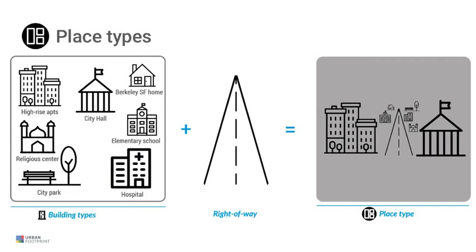So high-rise apartments, civic spaces, single-family housing, parks and religious centers, and these all come together in different mixes and attributes, in addition to decisions about the right-of-way. So whether or not we're using neighborhood roads, smaller arterial roads, major collector roads, and how much of our space is allocated to right-of-way versus building types. And this all comes together to create a place type.